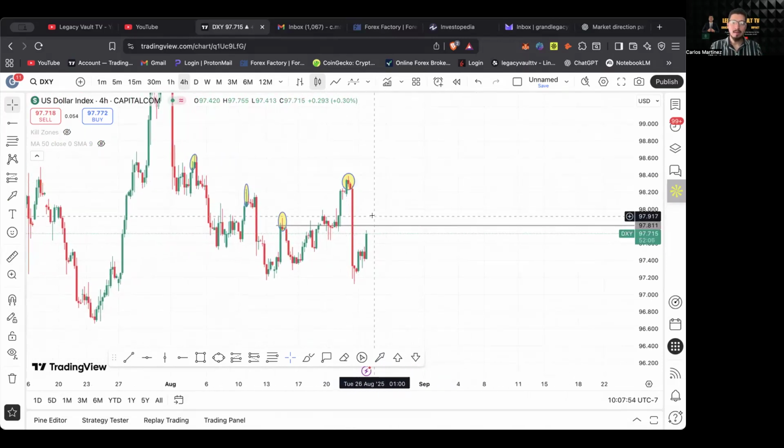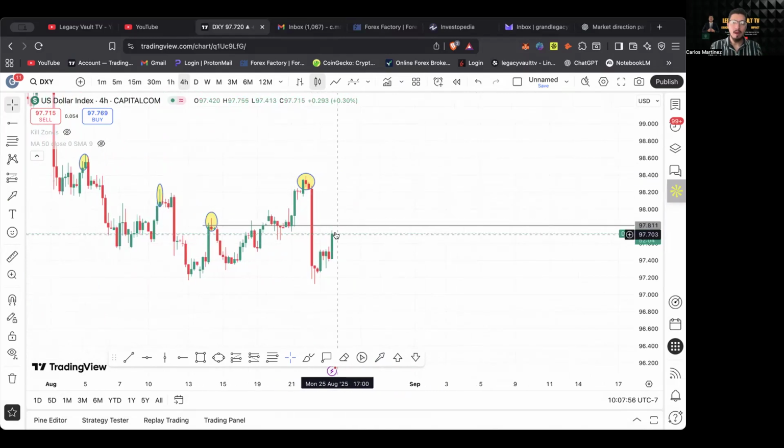Now we're waiting to see whether price is going to continue to the upside or continue to the downside. So price is currently here. Will price break above or will it break below and continue to the downside? As we can see here, it resulted in an imbalanced candle.